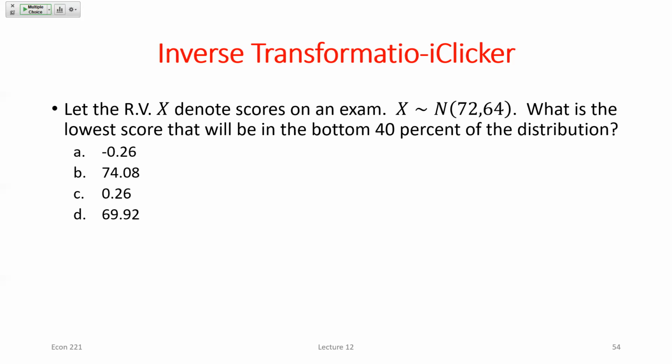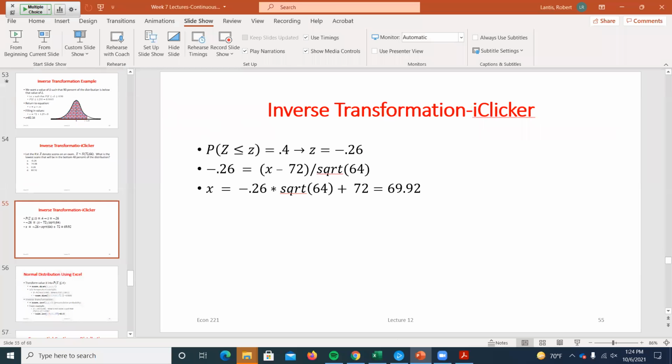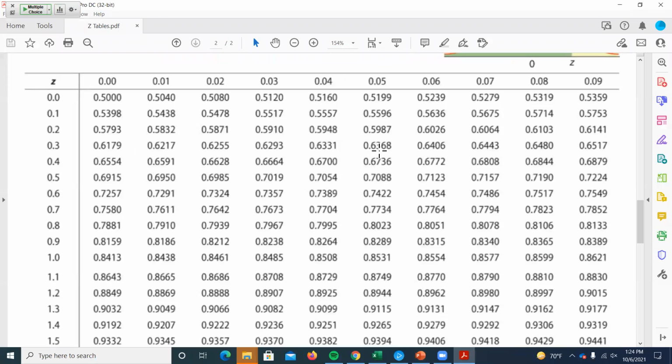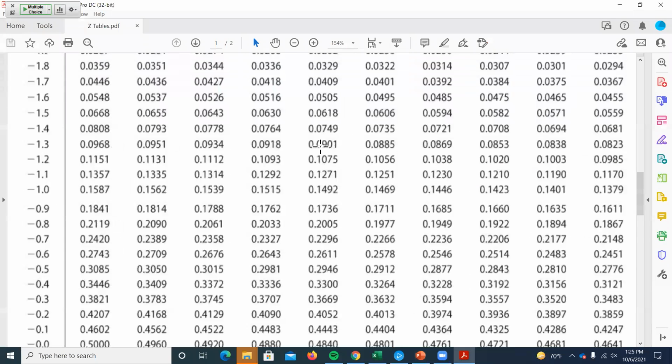It's going to help us prevent some pretty easy mistakes later on when I actually look up this z-score. So I actually look up 0.4 in the table. I'll pull open that table real quick. So for 0.4, I know it's going to be a negative z value.